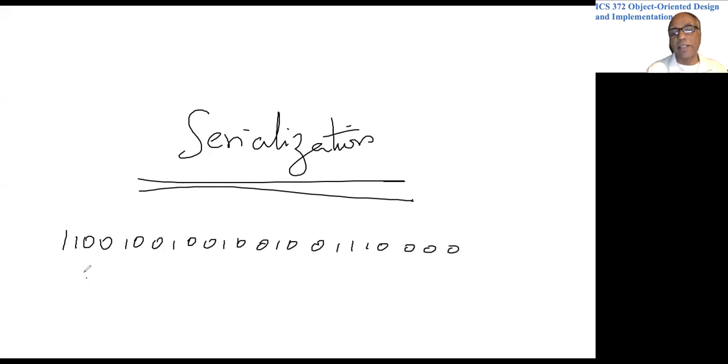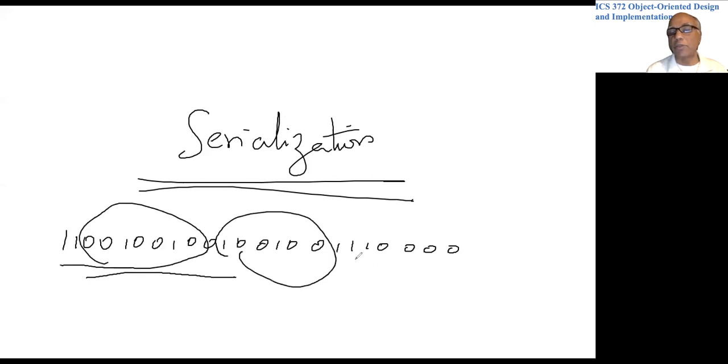And looking at this sequence, one should be able to say, well, this is my first object, this is my second object, this is my third object, this is a course object, this is a section object, this is a student object, they are related in such and such way. The whole setup is reconstructed from this sequence. So you have to have some complicated mechanism for doing all this.